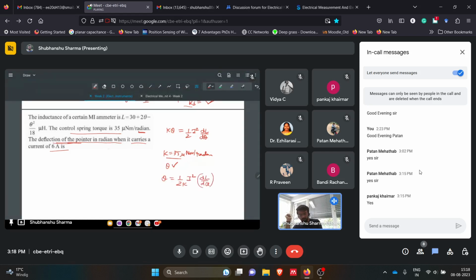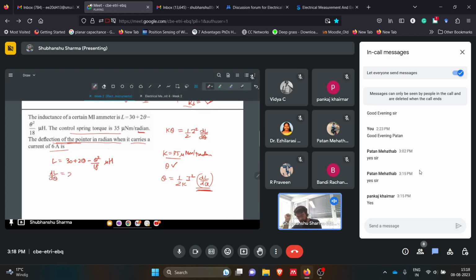Okay, so now this is simple. We have L equals 30 plus 2 theta minus theta square by 18 microhenry. So we need dL by d theta, that is the differentiation. I think you have learned this differentiation. For a constant term it is 0.